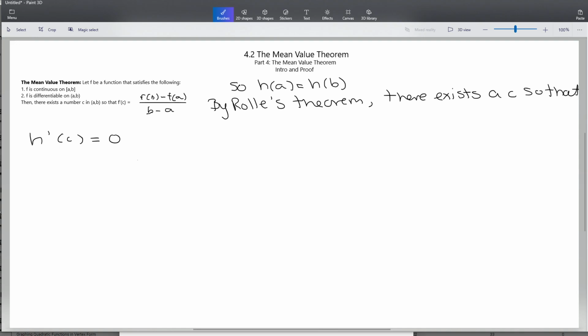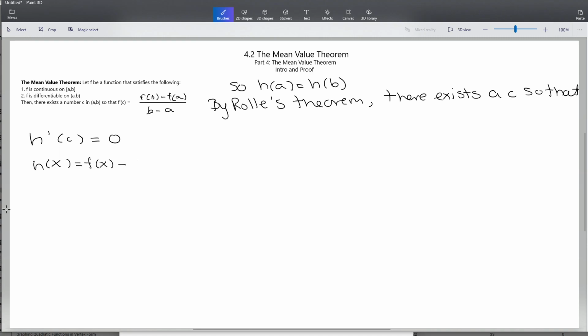So remember, h of x was equal to f of x minus g of x, okay?